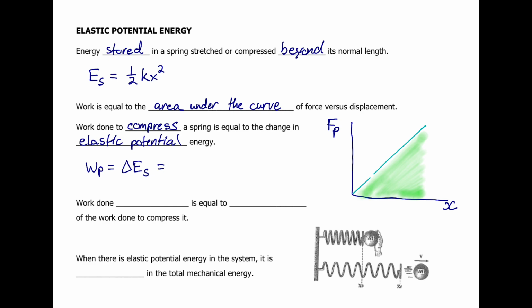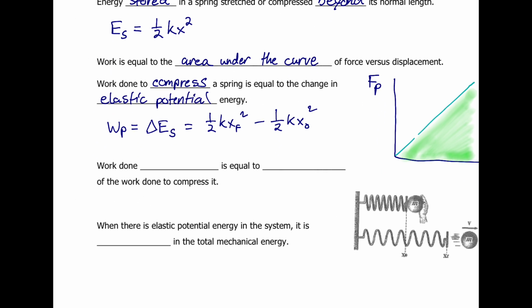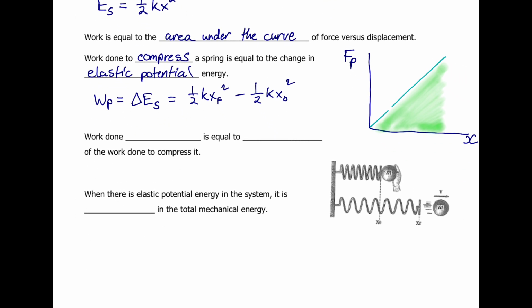And we're going to do a long way of writing this. We're going to say that's half of kx final squared minus half of kx initial squared. So that's a long way of saying it's just the difference between the beginning and ending state of your spring.